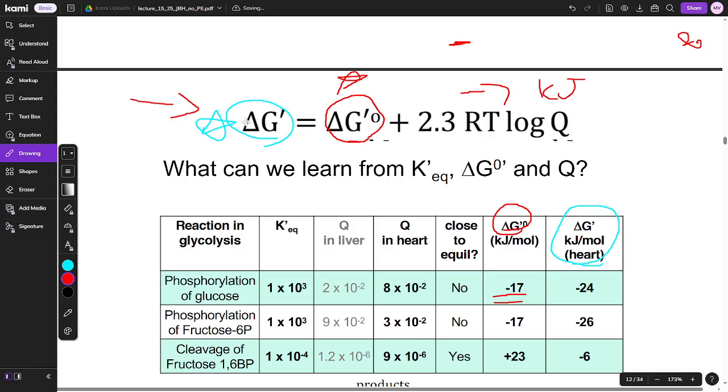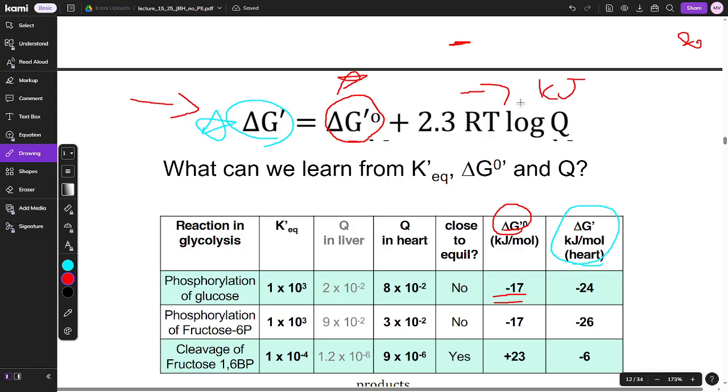If we're at equilibrium, we don't want it to be exactly 0 because we'd be dying. But as this number gets closer to 0, that means we are at or closer to equilibrium. So the idea here is that this -7 right here pushes us further and further away from equilibrium.